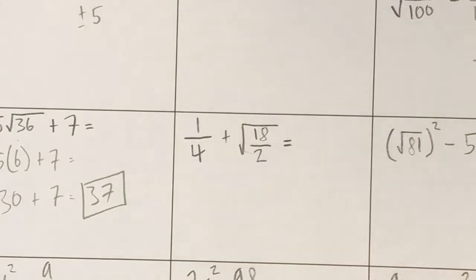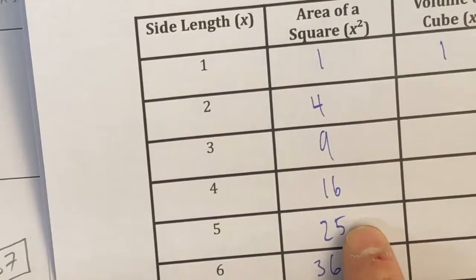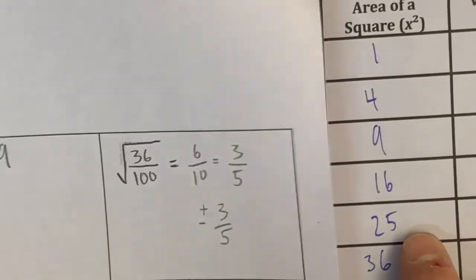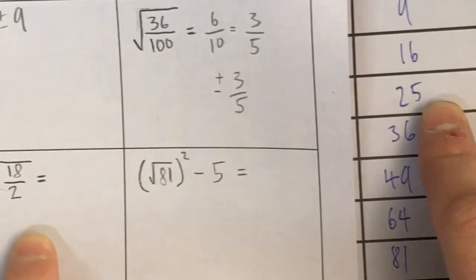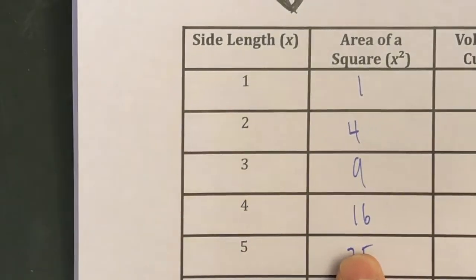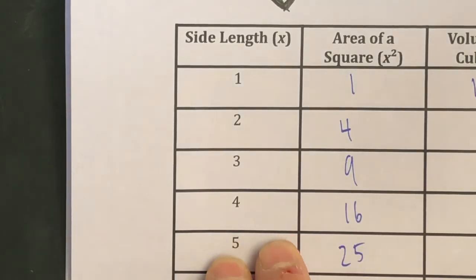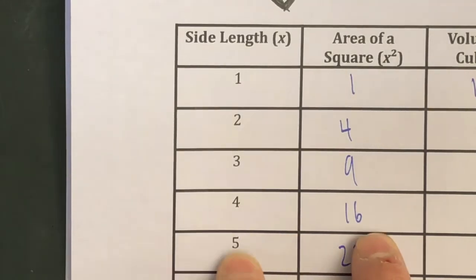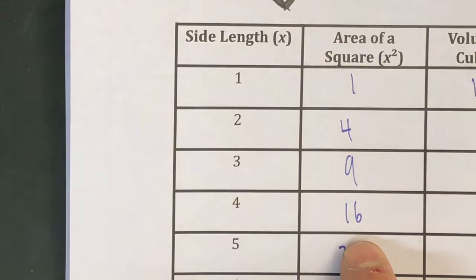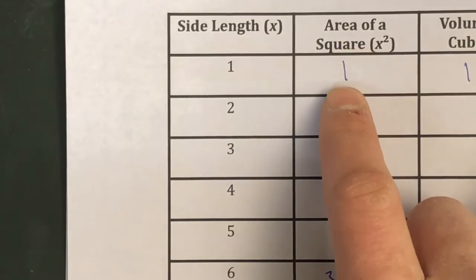If I look at my list of perfect squares, you'll notice that 18 is not on here. It's not a perfect square, we say. It's somewhere between 4 and 5, but it's an irrational number. Same with 2. If I look for the square root of 2, it's not here.